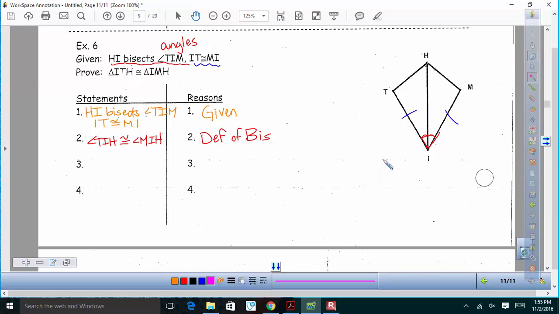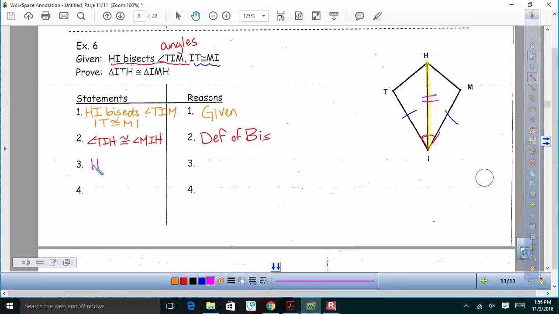What do y'all see that is implied by the picture? Reflexive property. Do y'all see that HI is shared in triangle HMI and also in HTI? That means that this is congruent to itself by reflexive property.